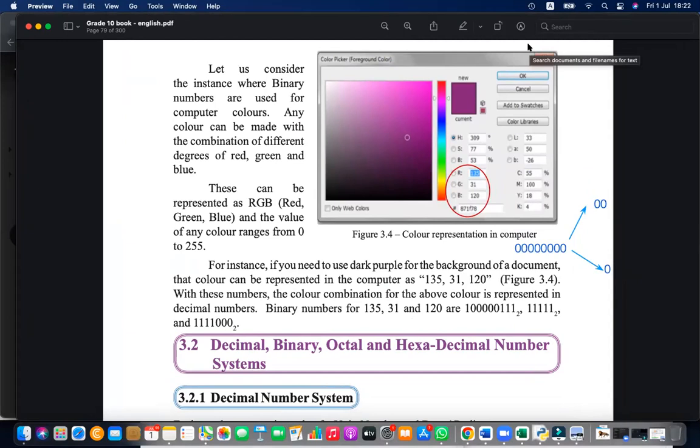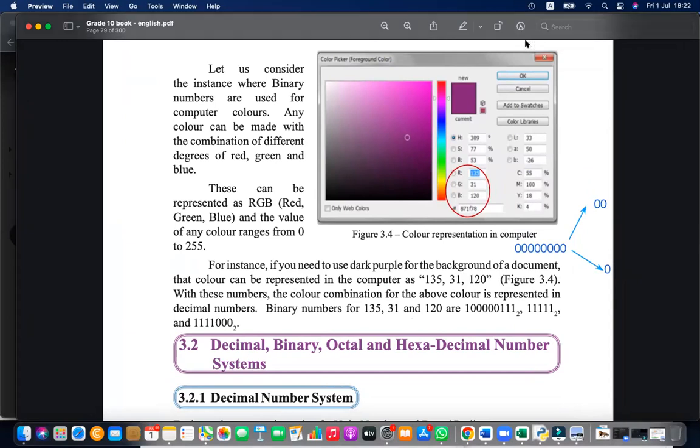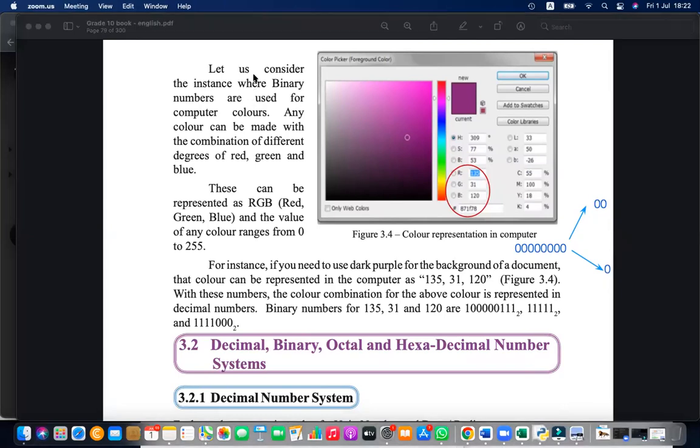Only the green portion. Don't convert the other part, otherwise you'll get a wrong answer when you consider this as a whole number. This is not a number. This is just a representation. The green portion is 1111 1111. In hexadecimal, the value is FF.